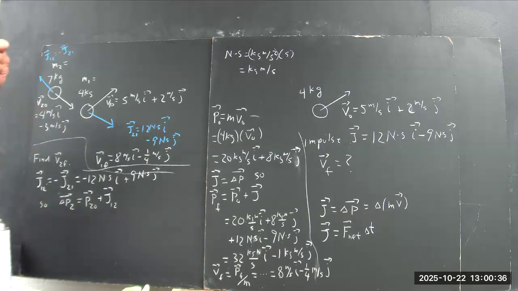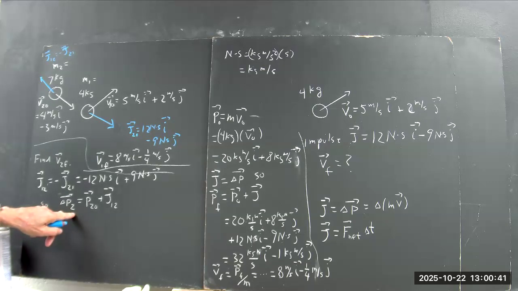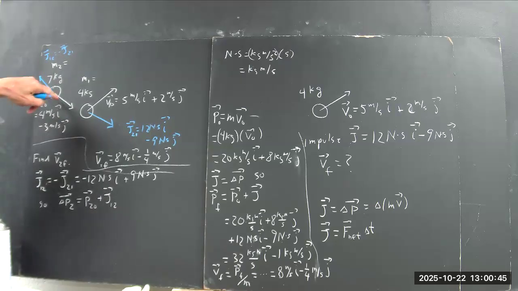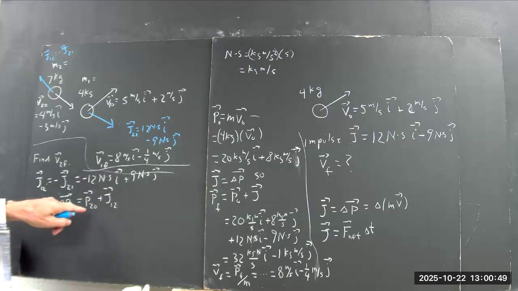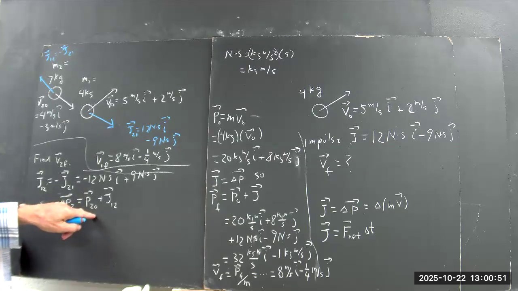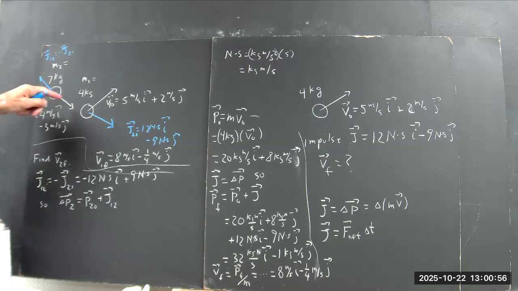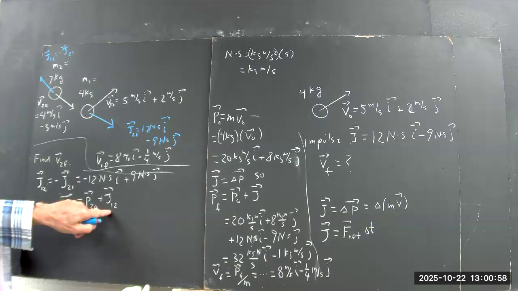So we can say that the change in P2, which means the change in the momentum of the second mass, our newly introduced 7 kilogram mass, is equal to the initial momentum of that mass plus the impulse on that mass, the impulse being equal to the change in momentum.